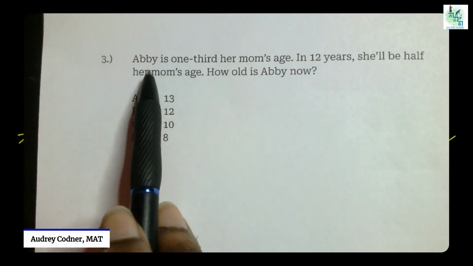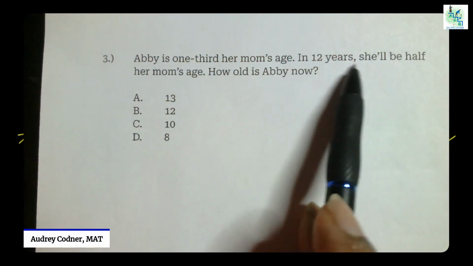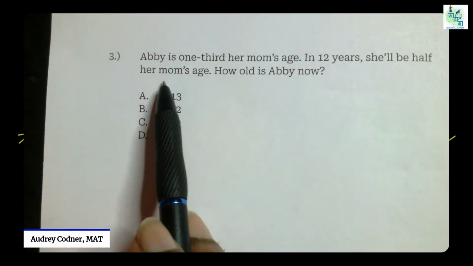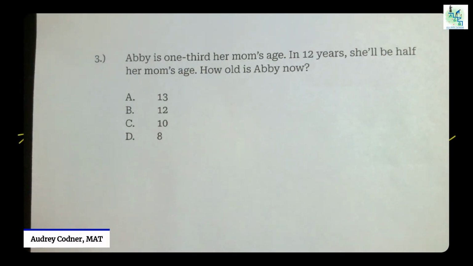So we have Abby is 1/3 her mother's age. In 12 years, she'll be half her mother's age. How old is Abby now? Is she A, 13, B, 12, C, 10, or D, 8? Okay, let me give you a quick little moment. Try to wrap your head around it.